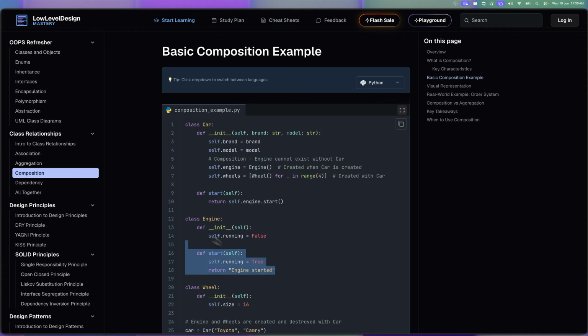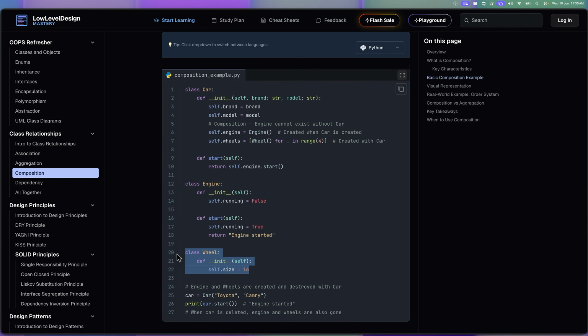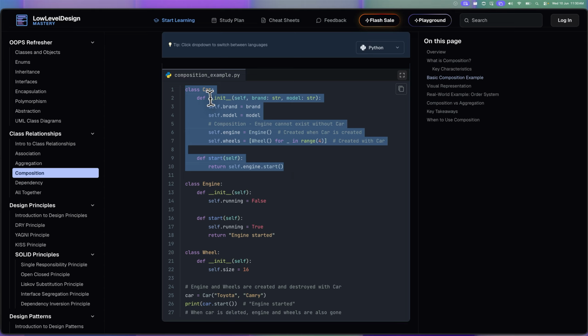Can engine exist independently? No. Can wheel exist independently without a car? No, right? So that means this is the whole class, the main class, and it contains these two classes, engine and wheel, but they cannot exist independently.